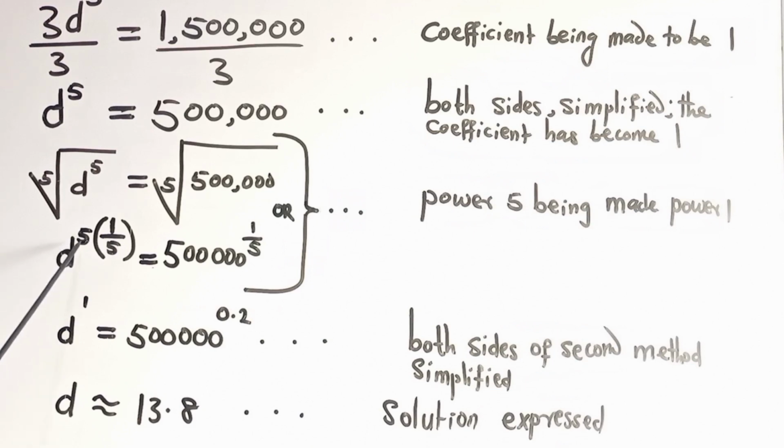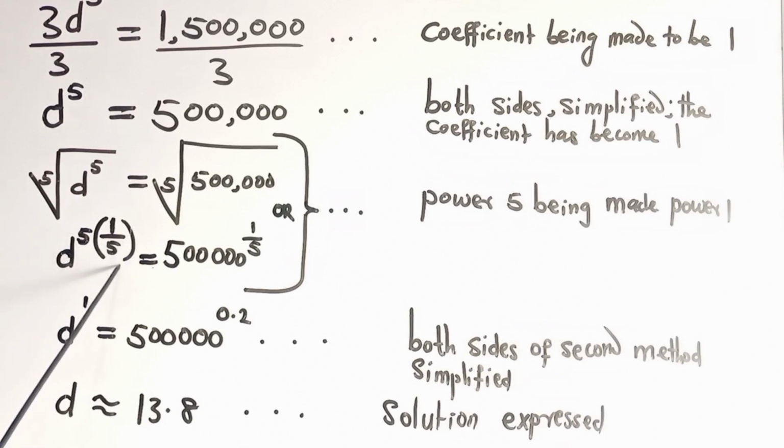But the second method, which is this method, when applied, will first give us this intermediate result. This d to the power 5, all to the power 1 over 5 will give us d to the power 1. You should know how this became 1. By now also, you should know how this 500,000 raised to the power 1 over 5 became 500,000 raised to the power 0.2.